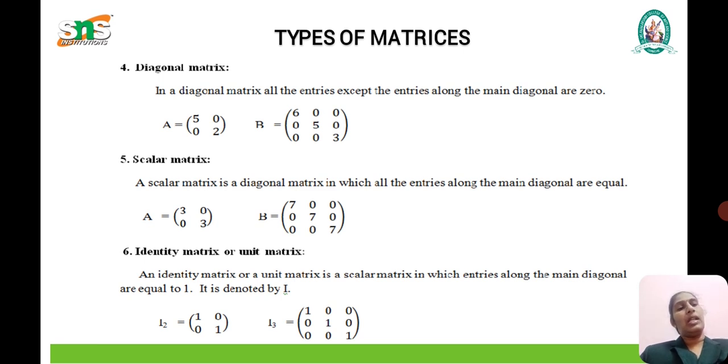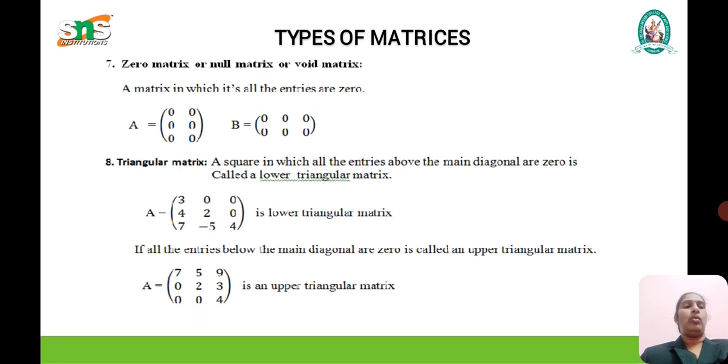Sometimes you can take 7 as common. If you take 7 as common, this matrix will become 1 0 0, 0 1 0, 0 0 1. That is the unit matrix, or identity matrix, which we can have as 2 by 2 and also 3 by 3.